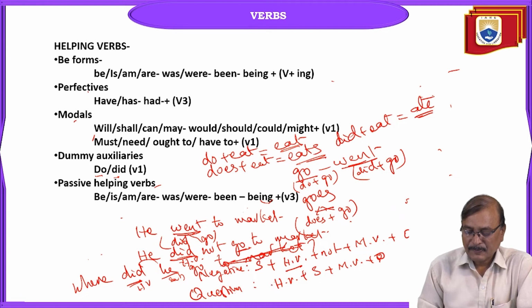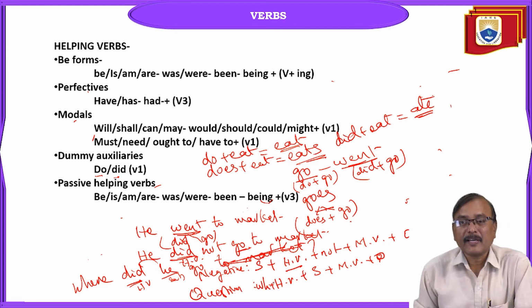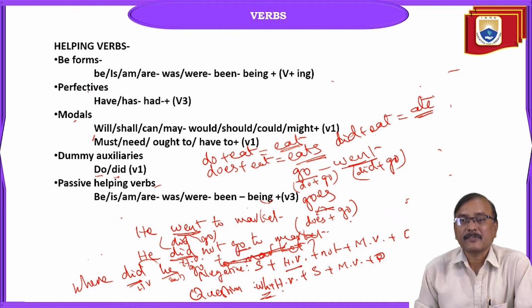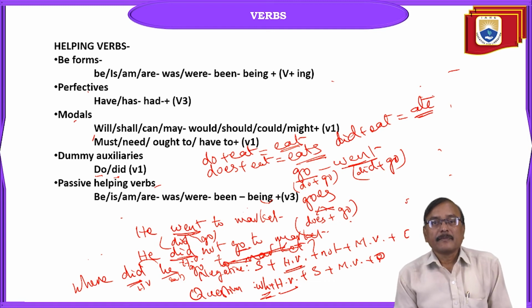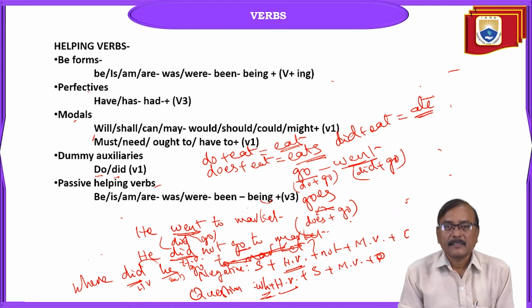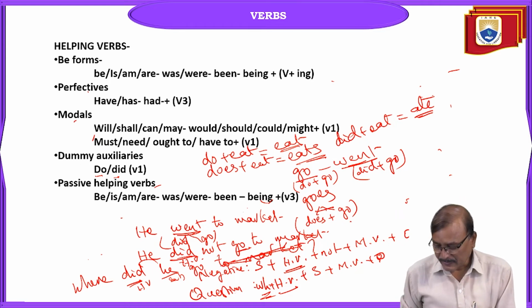Even before the helping verb, you can keep your WH forms: who, where, when, why, how. WH forms come before the helping verb. So, remember the importance of helping verbs. Remember do form, does form, did form. Is it clear? So that we can move forward.